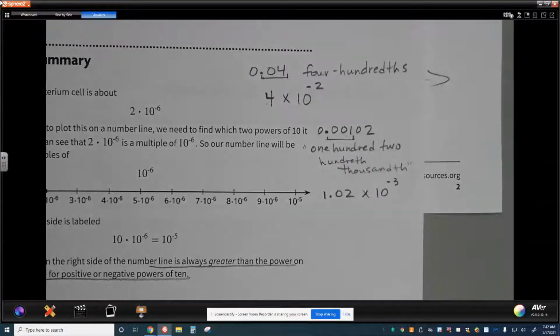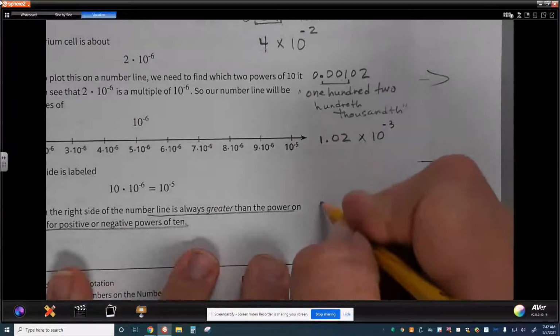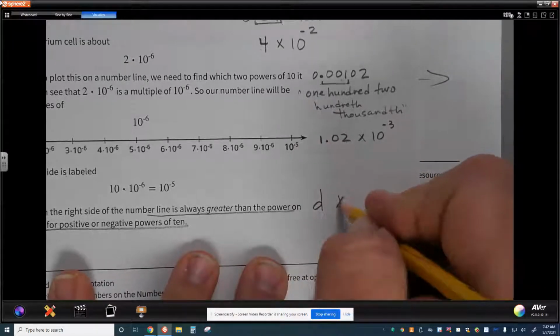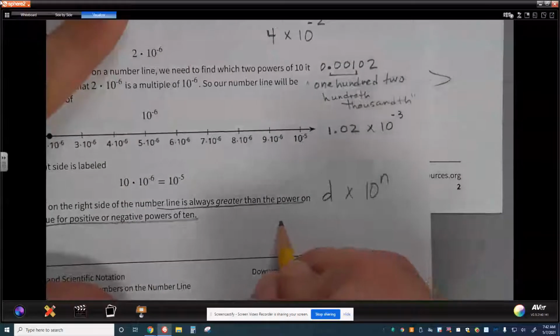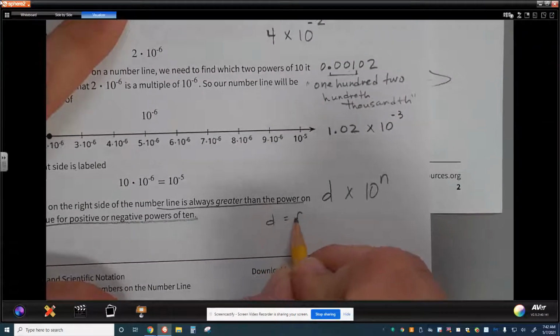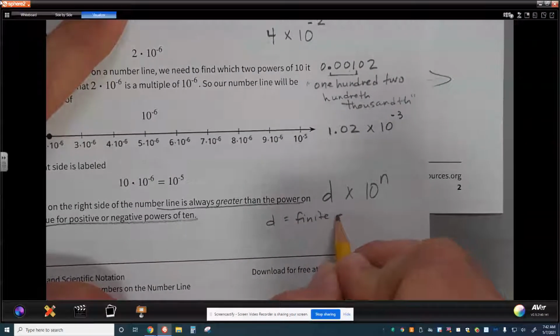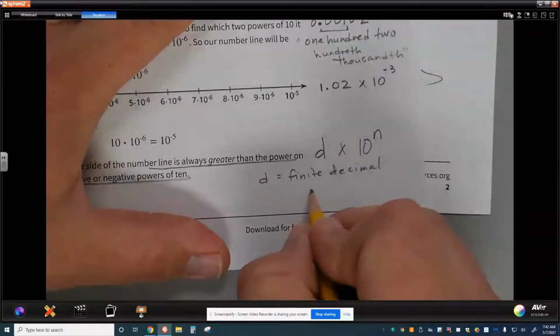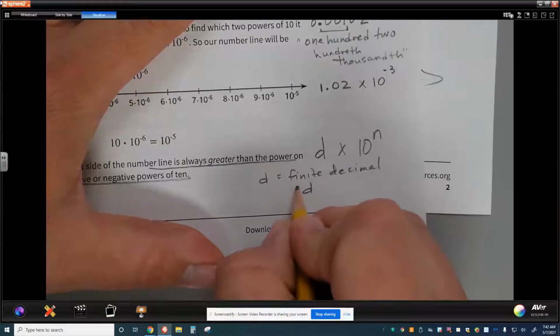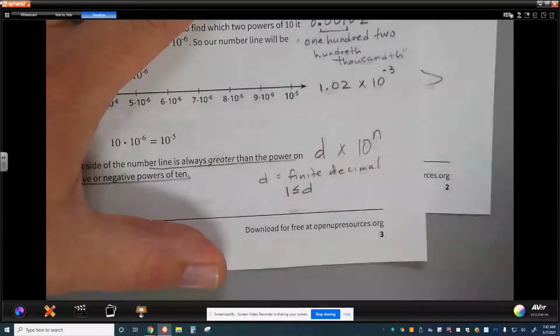I hope that that's a good start for you. Scientific notation is something that can be really fun when we understand it. Remember, the main rules go like this. You have D times 10 to the nth power, where D is a finite decimal that follows the rule that D must be greater than or equal to 1.